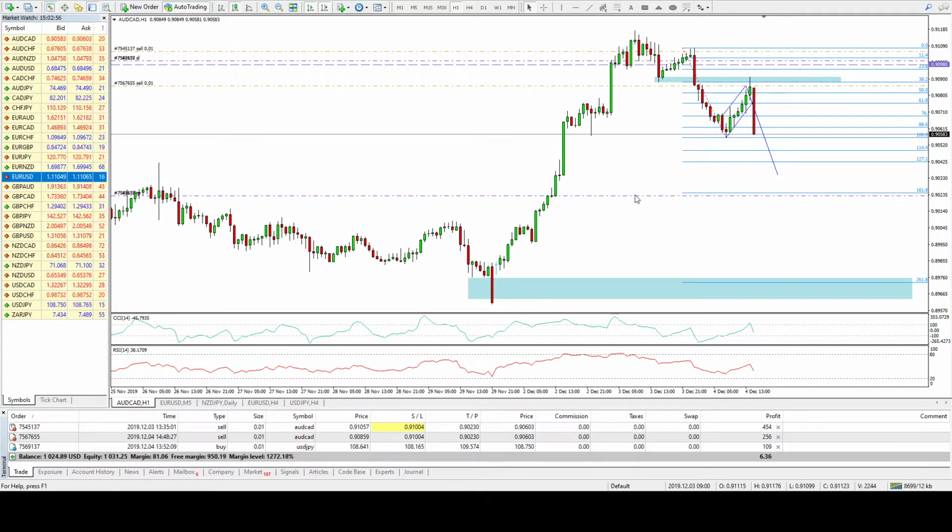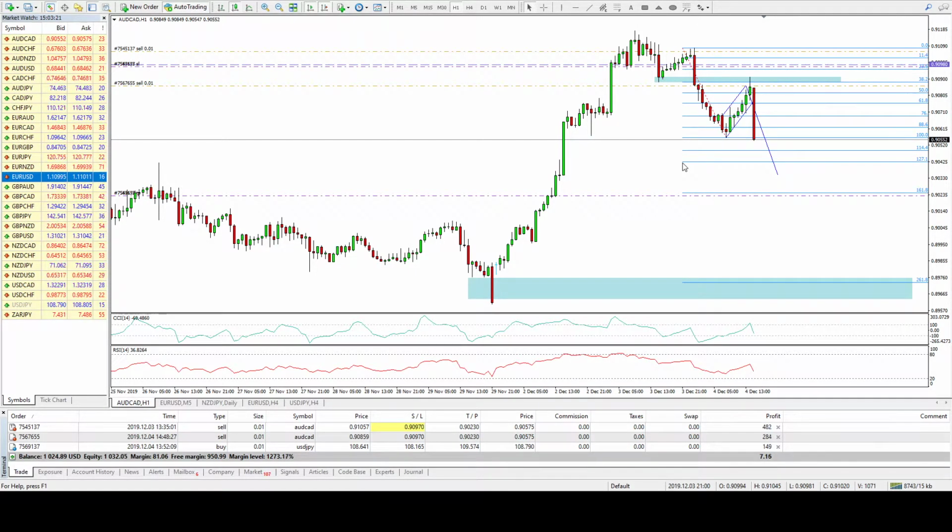It moved both of them. That's okay. When it reaches here, I will close this pair at the 127 level. That's a strong move down. This is very, very nice.